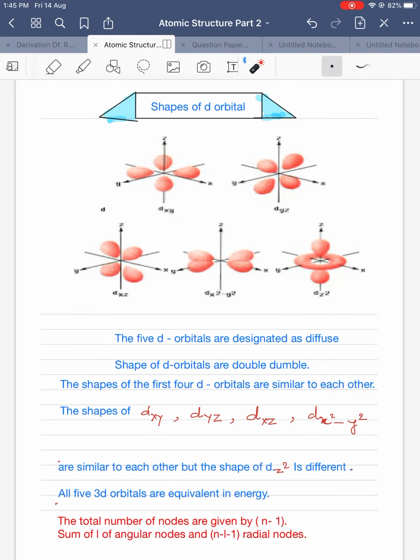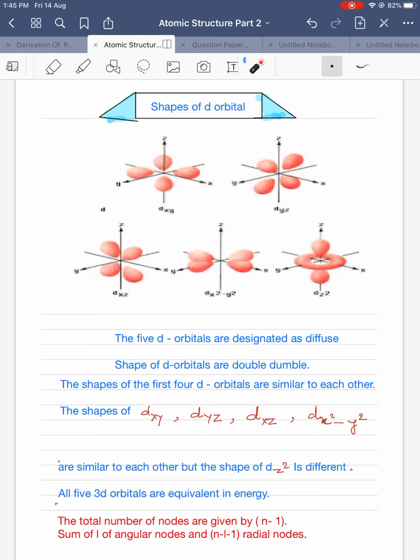Now let us talk about shape of d orbitals. Each principal shell has a set of 5 d orbitals which have same radial function but differ in angular distribution. The 5 d orbitals are designated as dxy, dyz, and dxz, dx square minus y square and dz square.